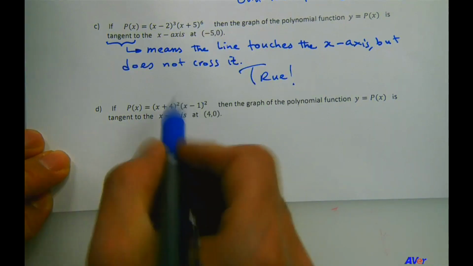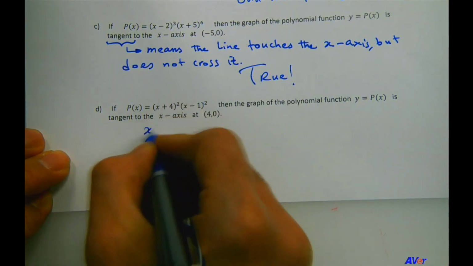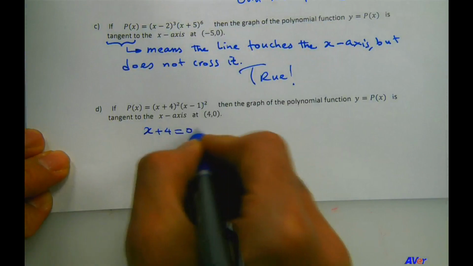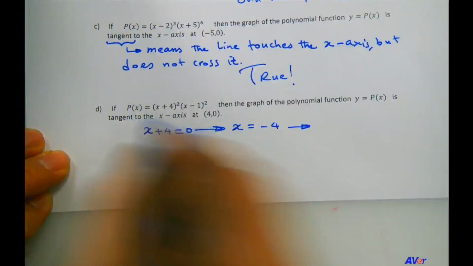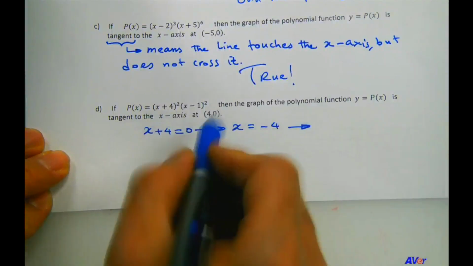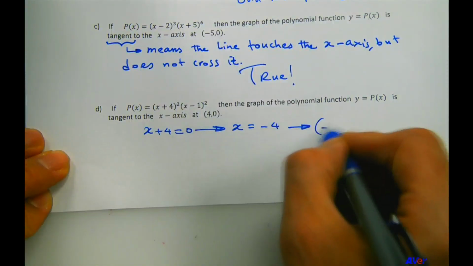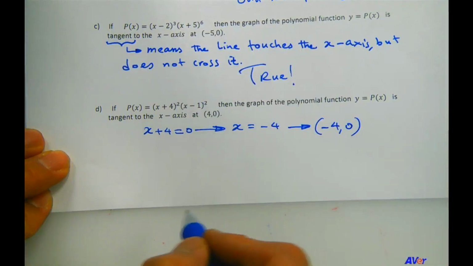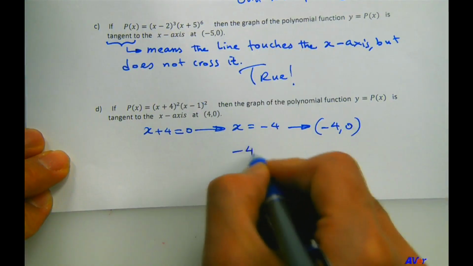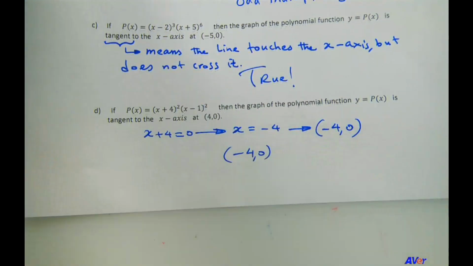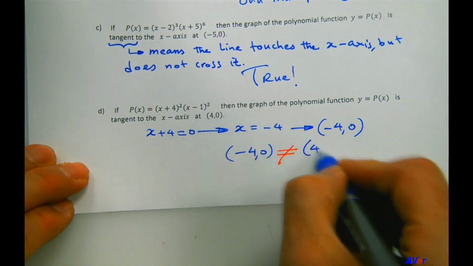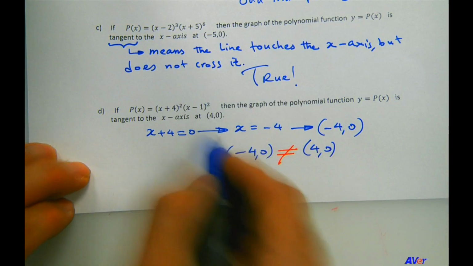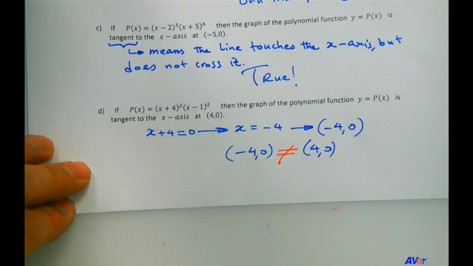Well, because if this is the factor, x plus 4 equals 0, then x must be -4. Then the 0 of this polynomial is not 4, 0, it's -4, 0. So -4, 0 is not equal to 4, 0. 4, 0 is not a 0 of this polynomial at all.